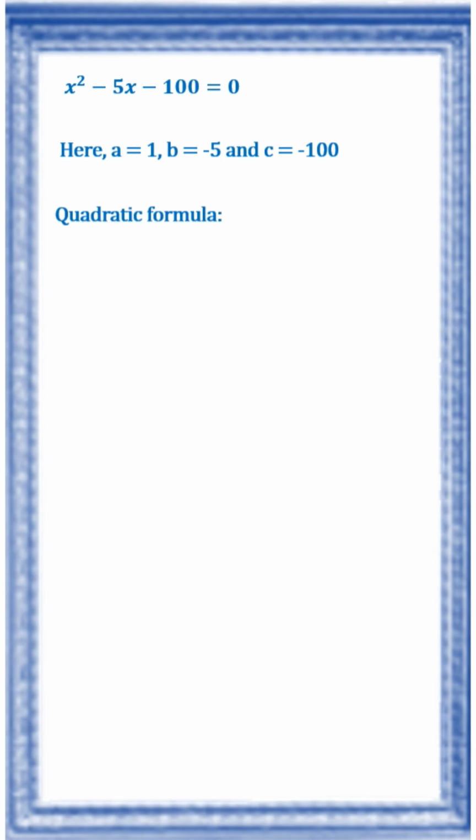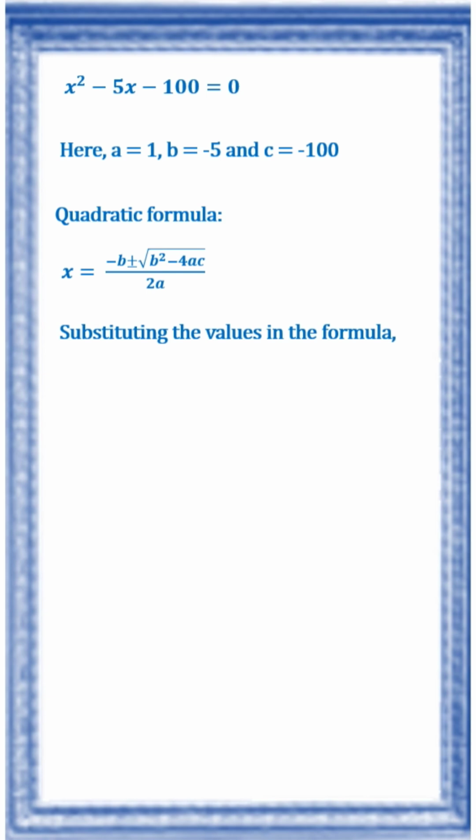The quadratic formula is x is equal to -b plus or minus square root of b square minus 4ac upon 2a. Let us substitute the values. x is equal to minus of -5 plus or minus square root of (-5) the whole square minus 4 into 1 into -100 upon 2 into 1.